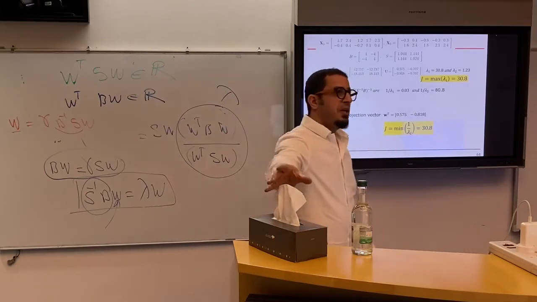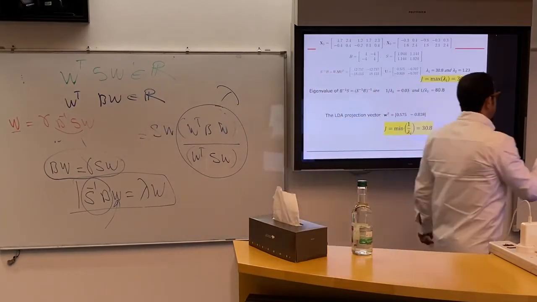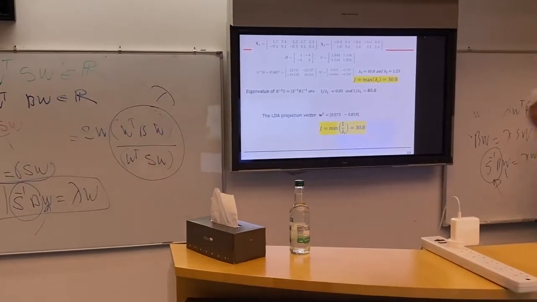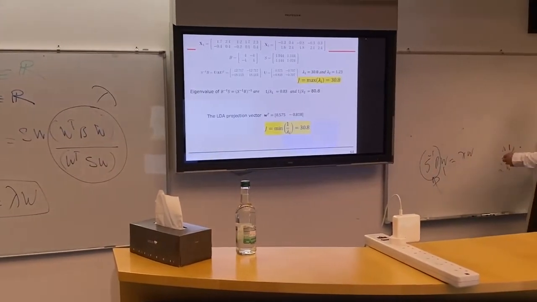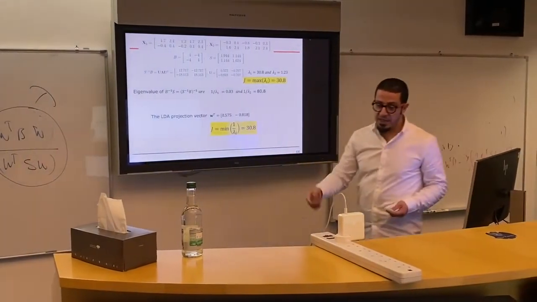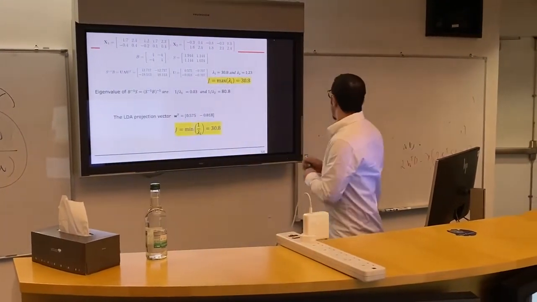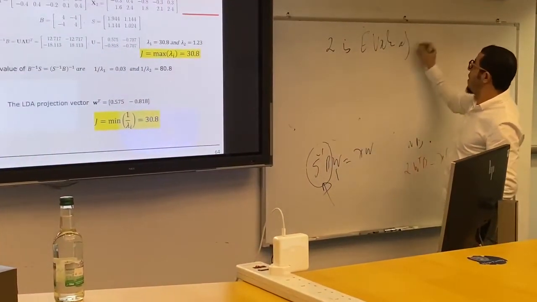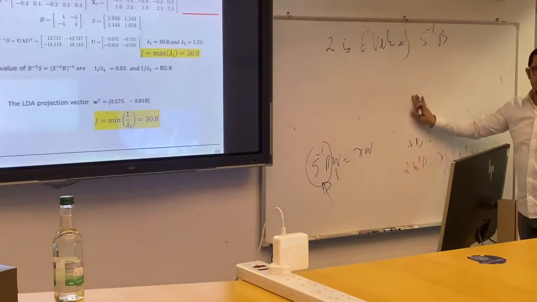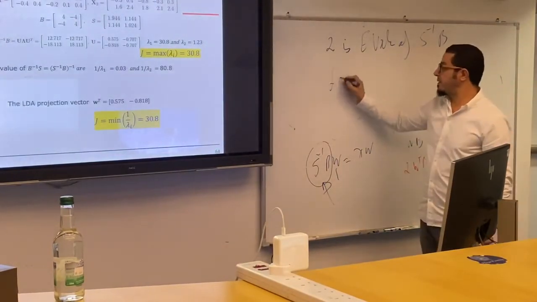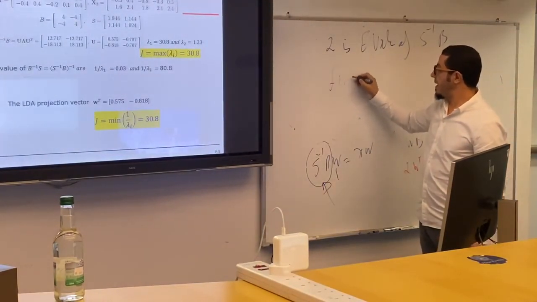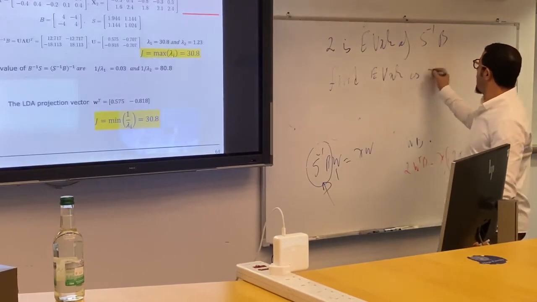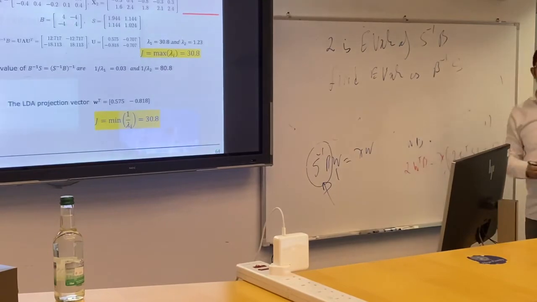For example, if I ask you in the midterm a question like this: 2 is an eigenvalue of S minus 1 B, right? Find the eigenvalue of B minus 1 S. How do we do it?